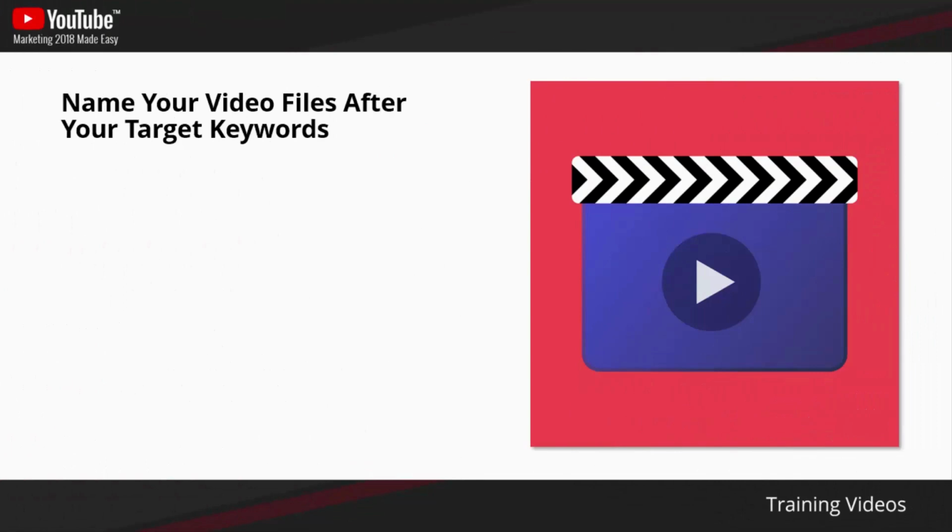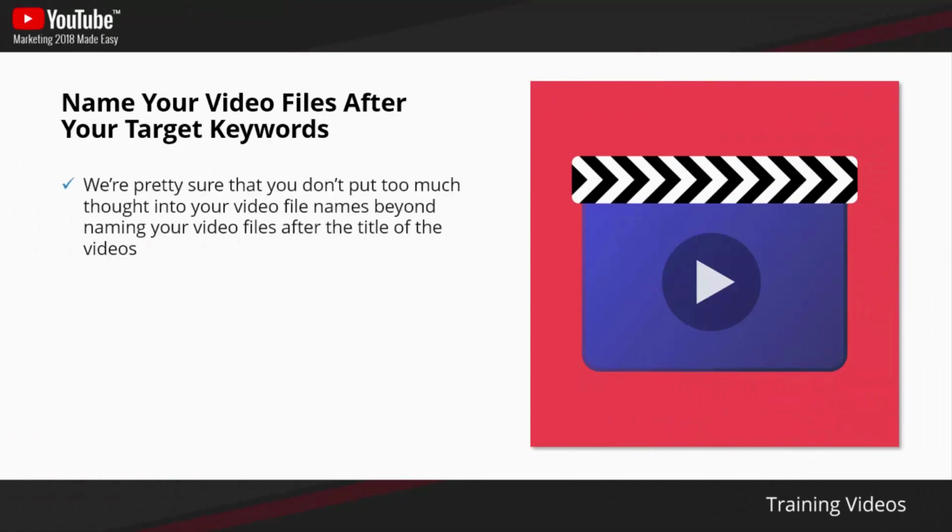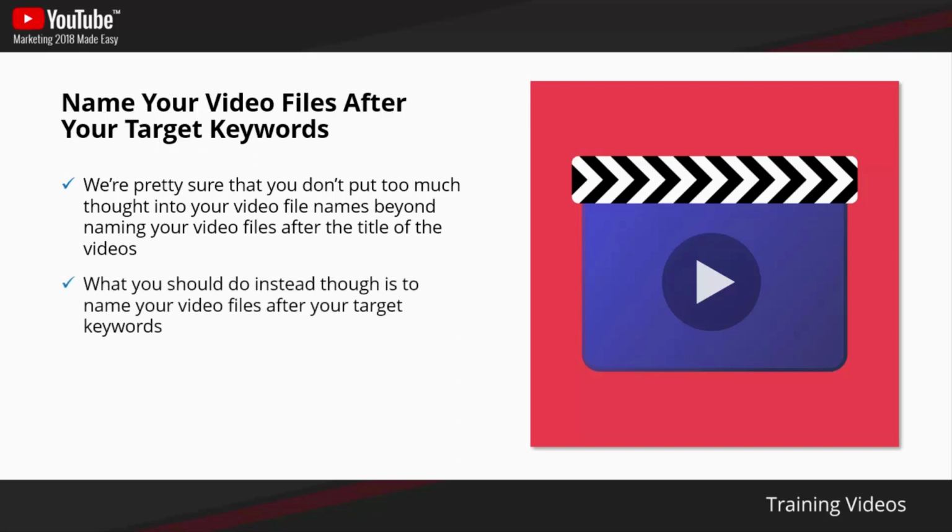Name your video files after your target keywords. We're pretty sure that you don't put too much thought into your video file names beyond naming your video files after the title of the videos, or maybe by giving them simple names that will help you to identify them separately inside your folders. What you should do instead, though, is to name your video files after your target keywords.